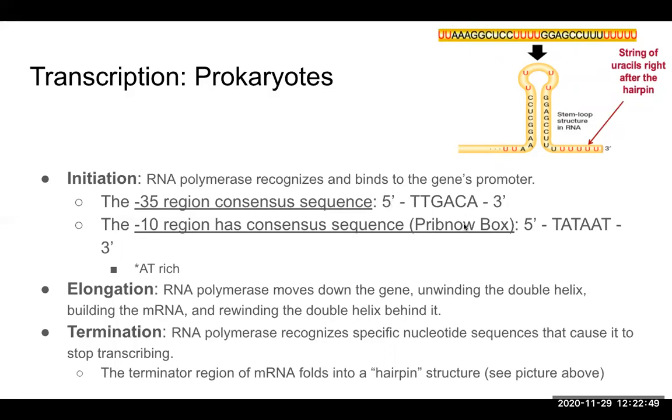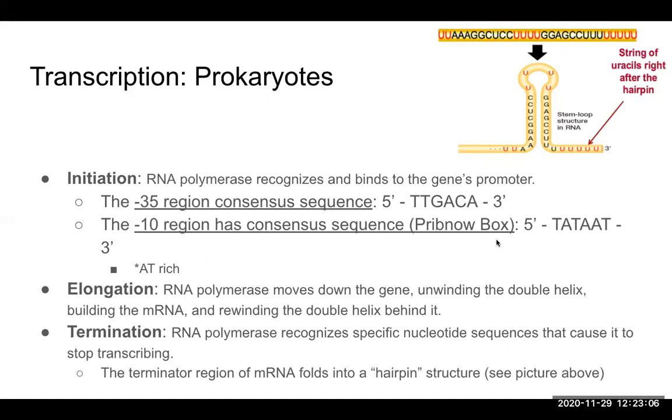And then your Pribnow box at around the minus 10 base pair region, which is TATAAT. It's important to know that this Pribnow box is going to be AT rich.